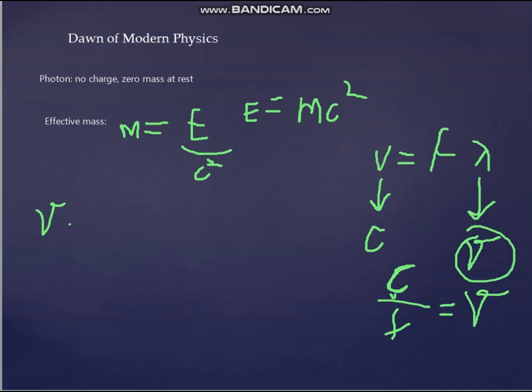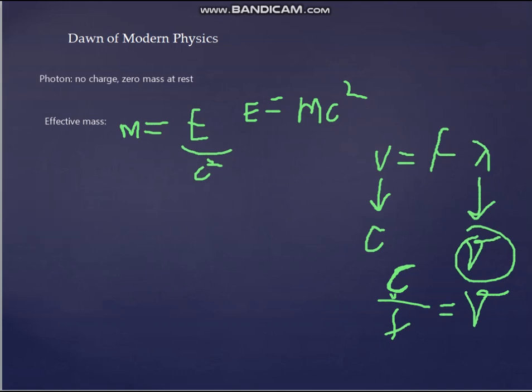If we want to write it in terms of C, we would want to write M is equal to E upon c lambda, whole squared. Just a second, let me erase this.